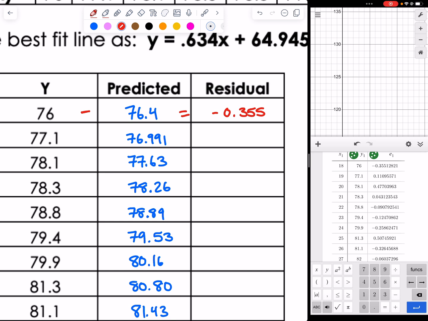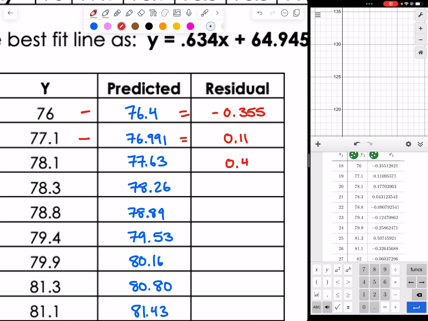So notice like 76 is a little smaller than 76.4, so it turned out to be a negative. All right, so the next one is 0.11, and if I did 77.1 minus the 76.991, I should get approximately my residual value. And then 78.1, so I'm just going to write all these down.